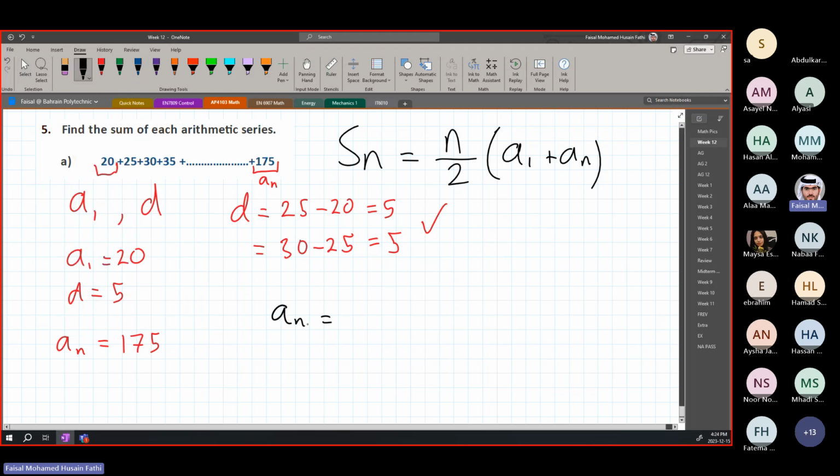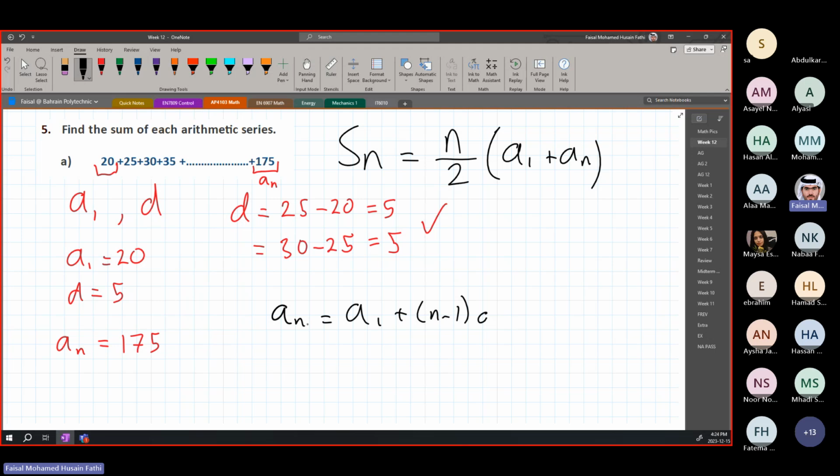An is equal to a1 plus n minus 1 times d. We have an is 175. We have a1, it's 20. Plus, we don't have n, we need to solve for it. Plus times d, which is 5. 175, we're just going to take the 20 to the other side. Minus 20 is equal to 5 into n minus 1.